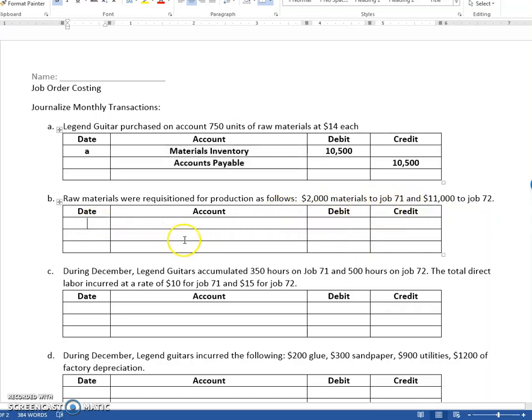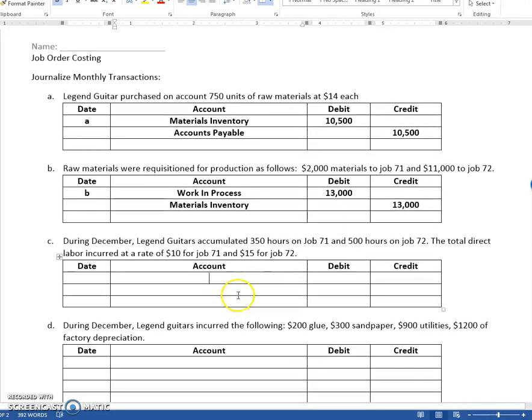So we'll just do a journal entry for work in process, because everything traceable to a job goes into work in process inventory. And we can do the total, which is 13,000. We'll keep up with how much each individual job is on the job order. And we're taking it out of materials inventory, and we're putting it in work in process inventory.